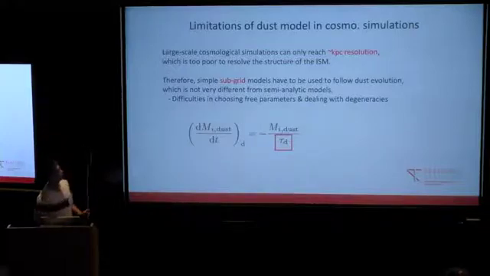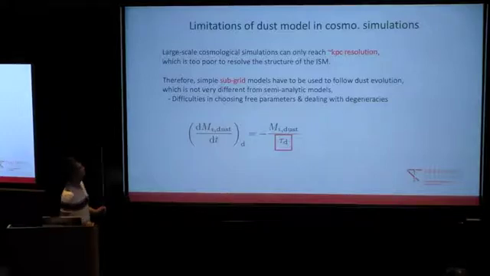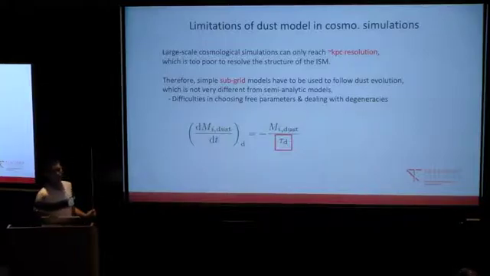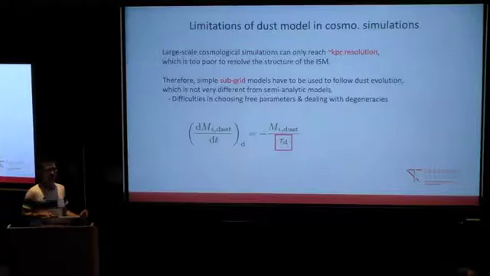However, one of the limitations of simulations of this kind is that because of the limited resolution of these large cosmological simulations, which typically can only afford roughly kiloparsec resolution, you really don't resolve the structure of the ISM, so you cannot really follow the dust physics.